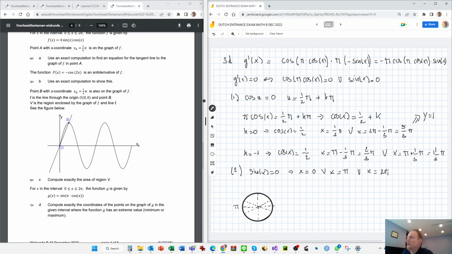And if the cosine of x is minus 1/2, you get the sine of minus 1/2 pi, which is here, which is minus 1. Y is minus 1.